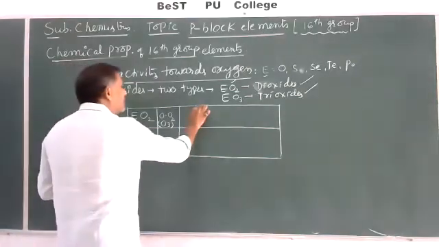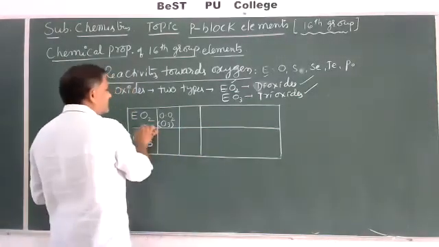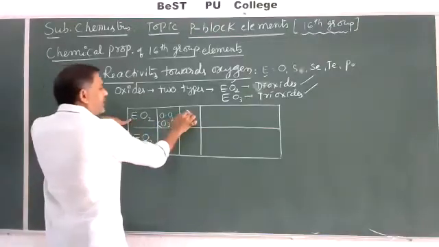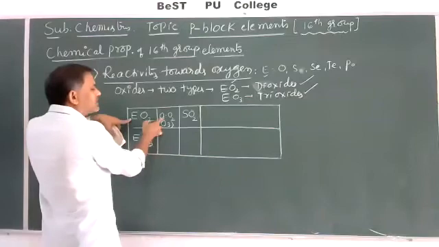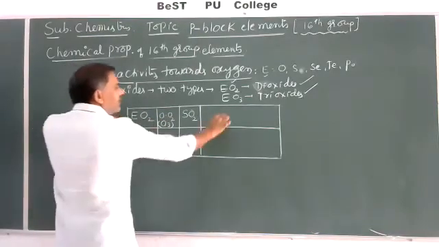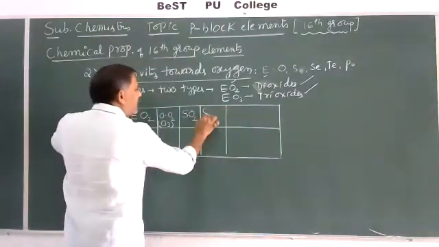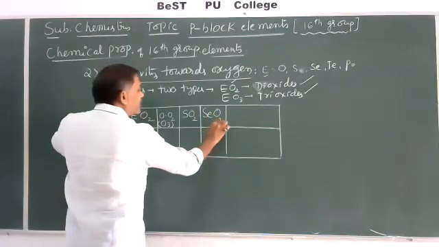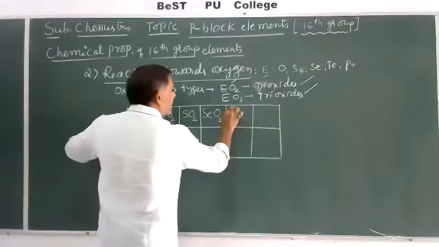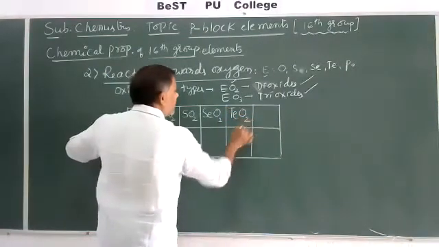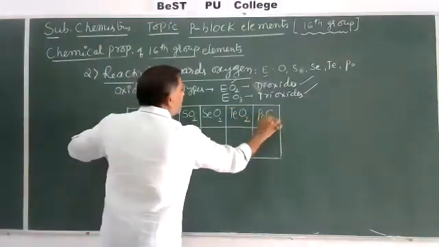Then sulfur combines with oxygen and gives SO2, sulfur dioxide. Selenium gives selenium dioxide, SeO2. Tellurium gives tellurium dioxide, TeO2. Polonium gives polonium dioxide.